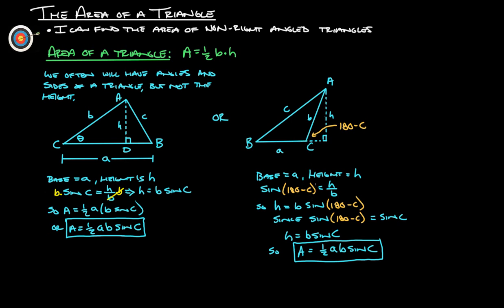So sine of 180 minus C is the height over side b, not necessarily the base. Anyway, it ends up being the same thing. Area is 1/2 ab sine C.